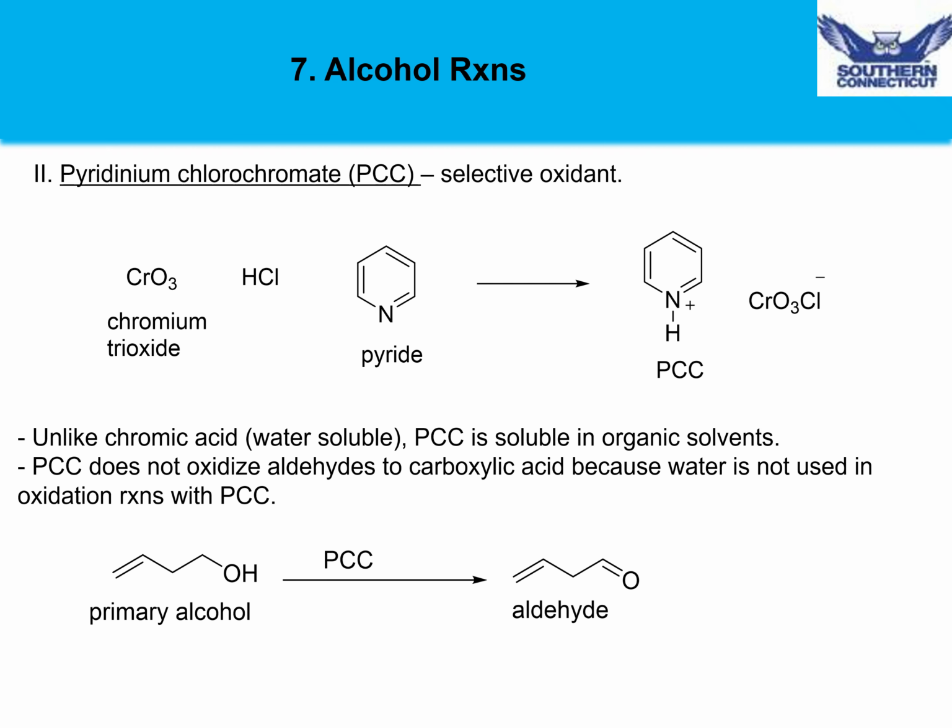There's another reagent, an oxidizing reagent called pyridinium chlorochromate, or PCC, which is a selective oxidant. It is a reagent that is complementary to chromic acid, as you'll see in a moment. So the reagent PCC is formed by taking chromium trioxide, adding HCl and pyridine to make the reagent.